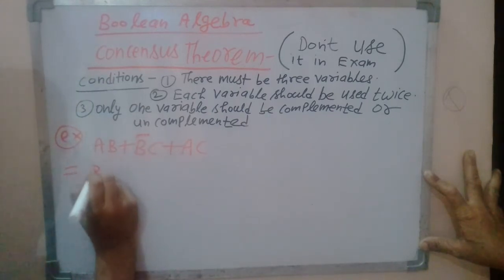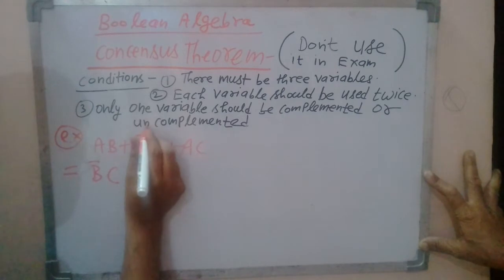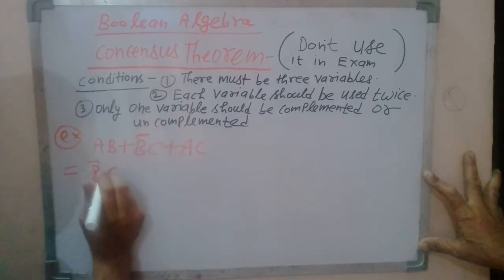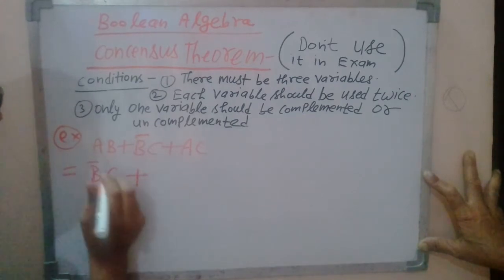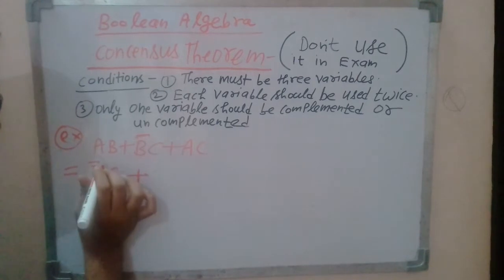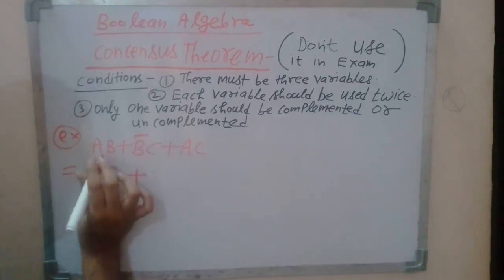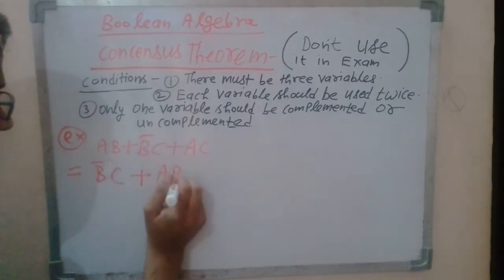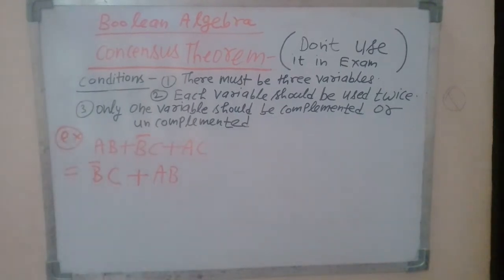So what is the answer? First of all, write that term in which the complemented variable is available. So I write B bar C plus the related term of B bar C. What is the related term of B bar C? Answer is AB, right? So B bar C plus AB is the answer.